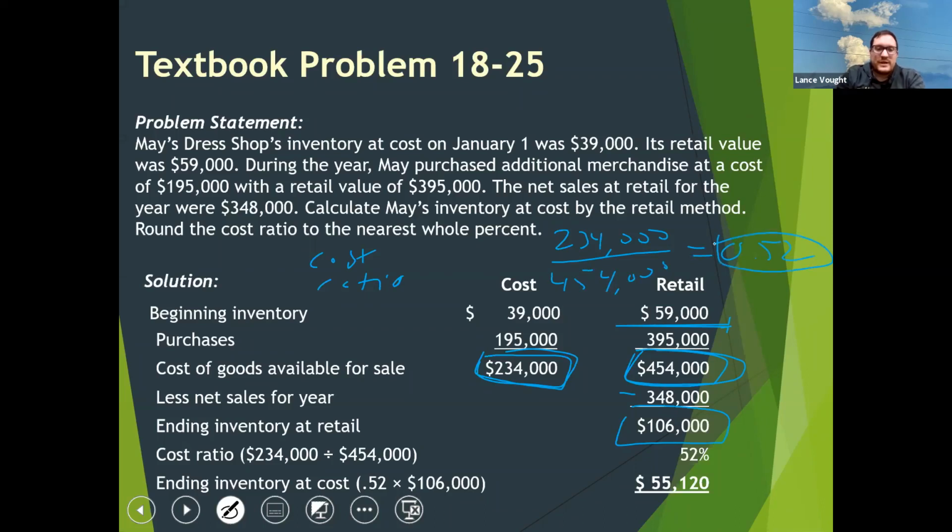To calculate our ending inventory, we take the 0.52, or 52%, and multiply it times the ending inventory retail value. That tells us the cost of the ending inventory. It's 52% of the 106,000, which turns out to be $55,120.